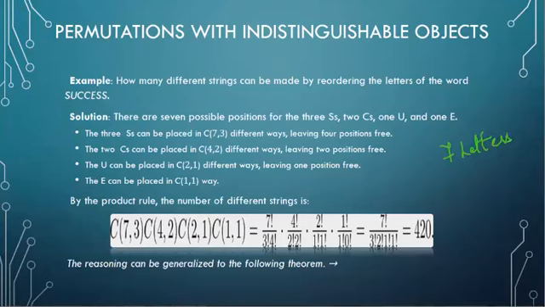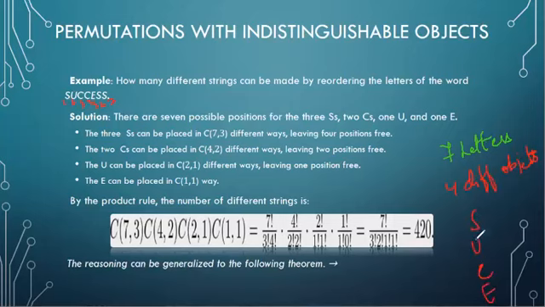Let's name the letters 1, 2, 3, 4, 5, 6, 7. Although there are 7 letters, the distinguishable objects are only 4. What are those? You have S, U, C, E.